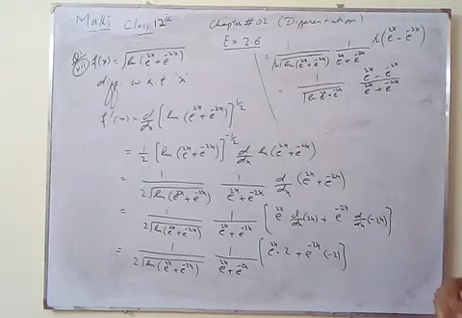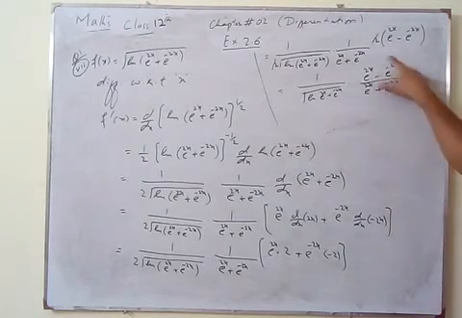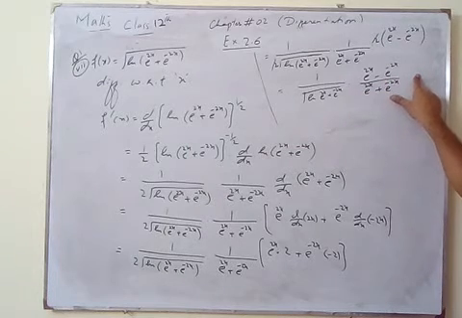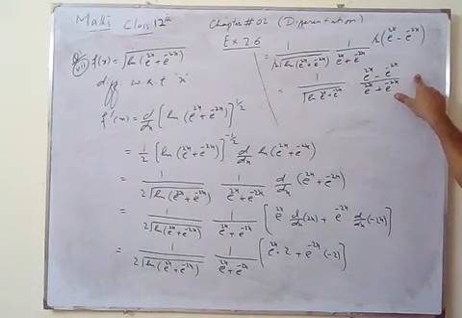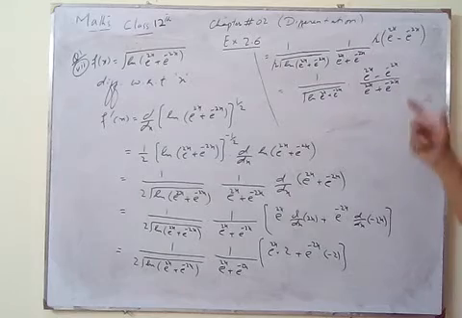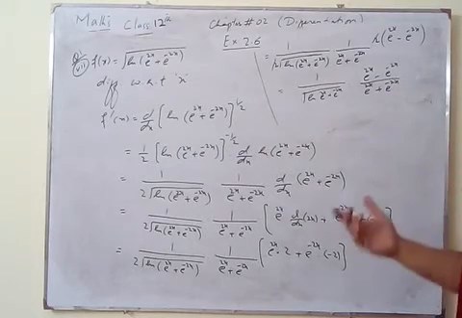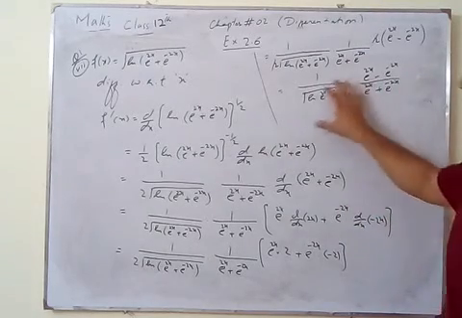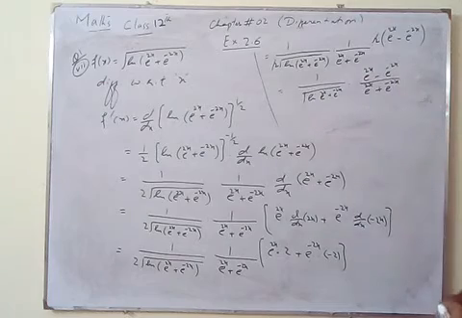This is our answer. Or if you want to replace this value, it is equal to tanh 2x. If you want to write tanh 2x, that is also a correct answer, but if you want to leave it as it is, that is also correct.